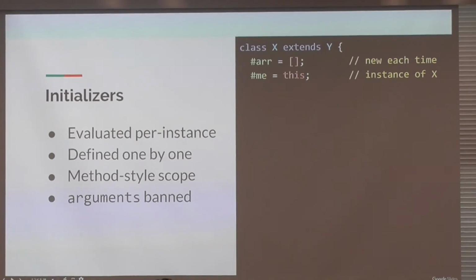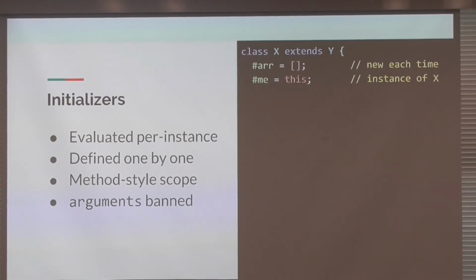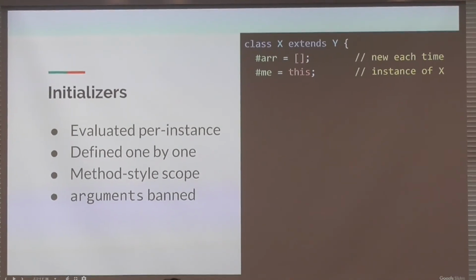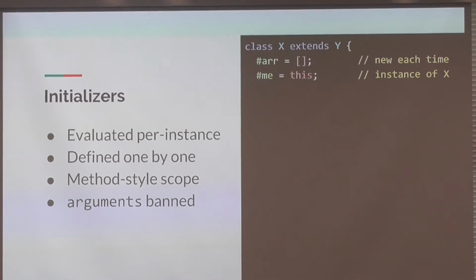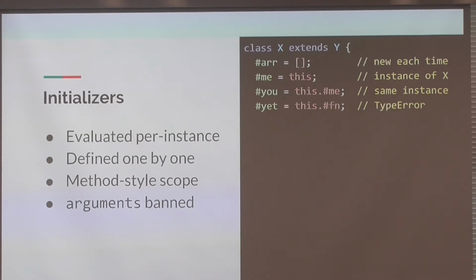There's also this in scope. Scope refers to the variables that you can access within an expression, and the scope of the thing on the right-hand side of the equal sign was a subject of intense debate. We decided it should have this, and that even means that you can access other private fields that were defined earlier.